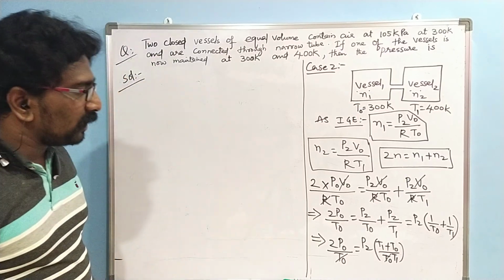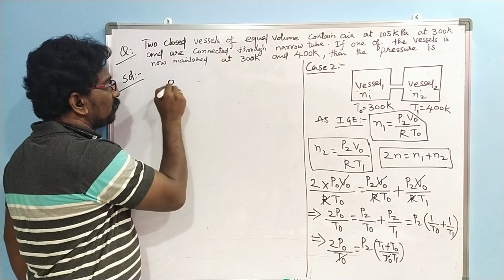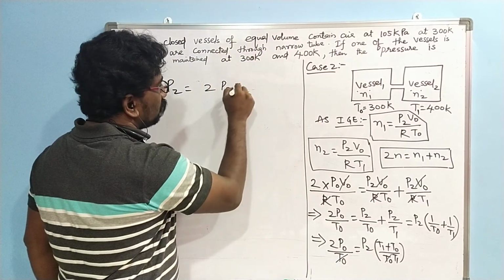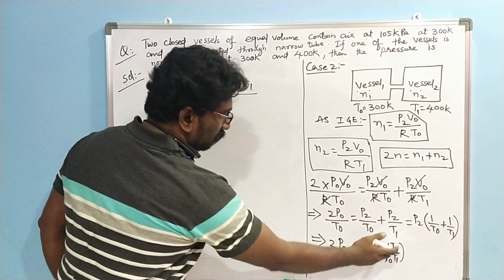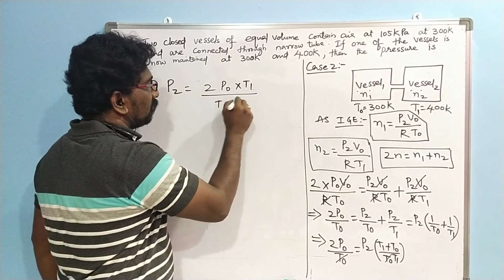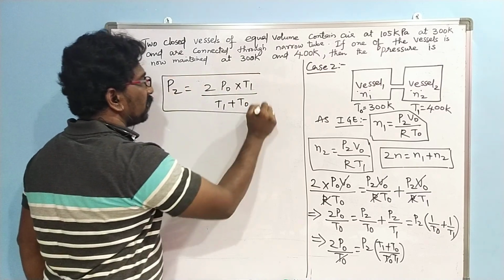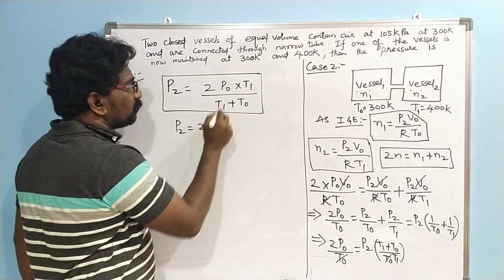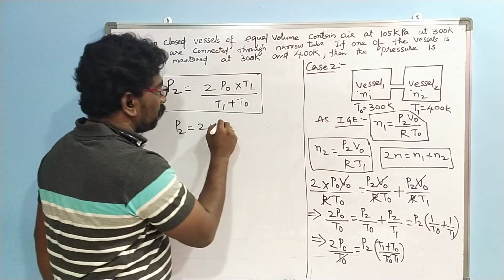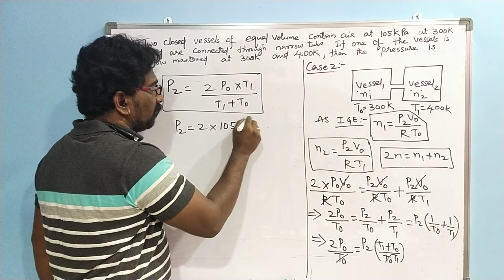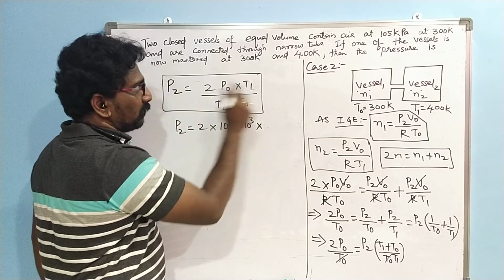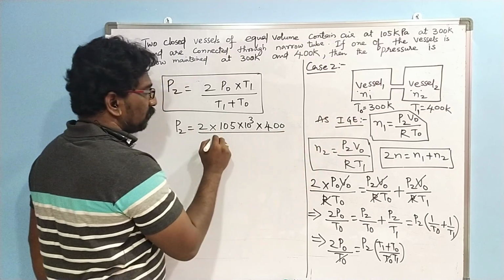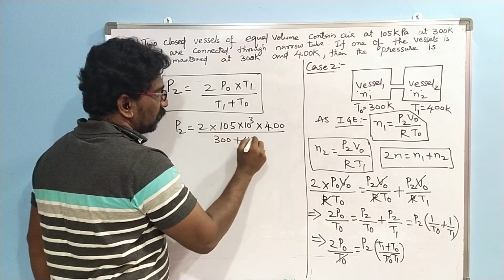If I substitute this, P2 is equal to 2 times P naught into T1 over (T1 plus T naught). Making the substitution, P2 is equal to 2 times P naught, which is given as 105 into 10 power 3, into T1, which is 400, over 300 plus 400.